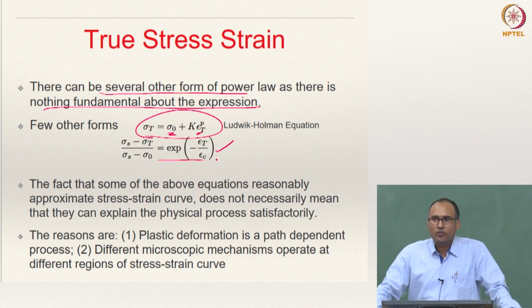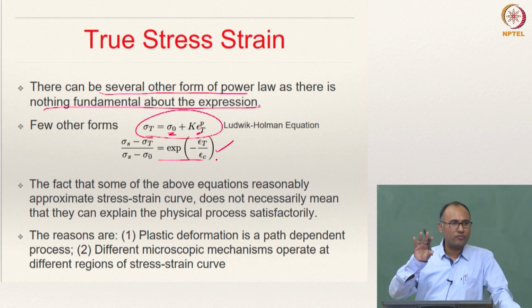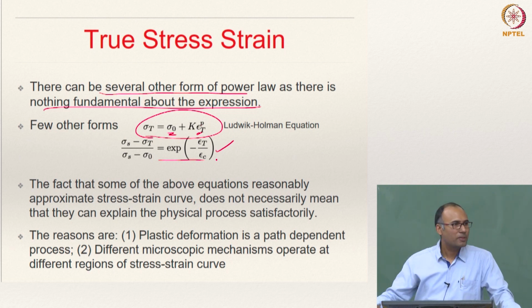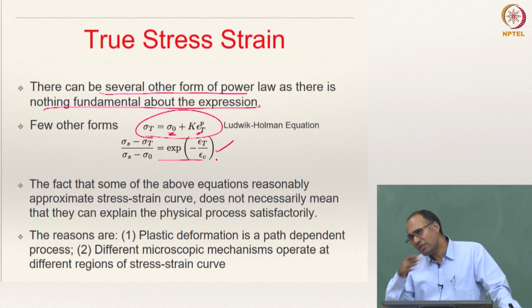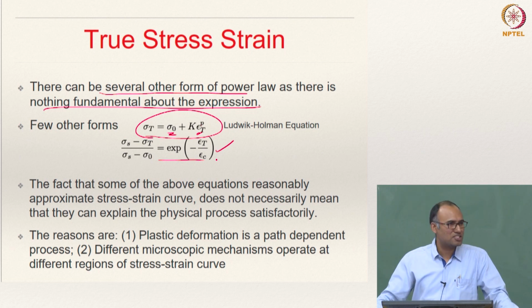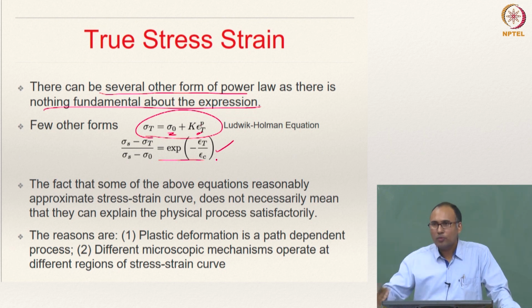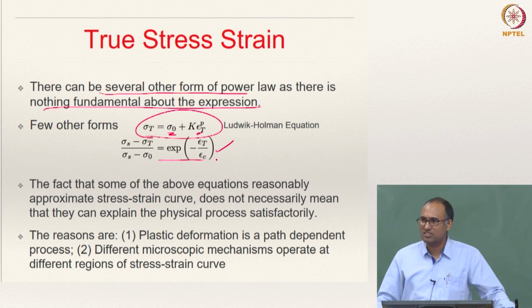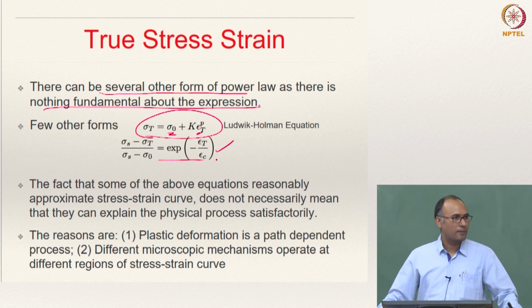And hence we should not attach too much value to the particular mathematical form that we are attaching to this behavior. No matter what mathematical form you attach, it may match very well with the experimental results, but that does not mean that it can explain all the microscopic mechanisms at play in the material.